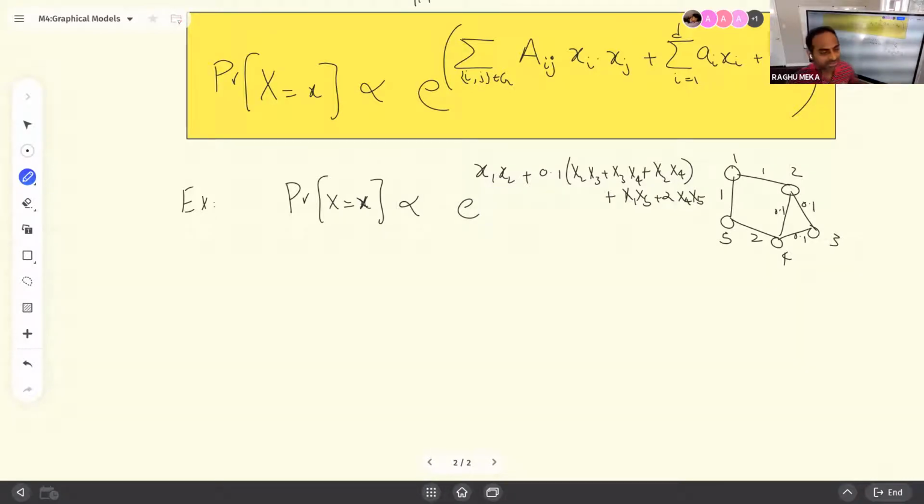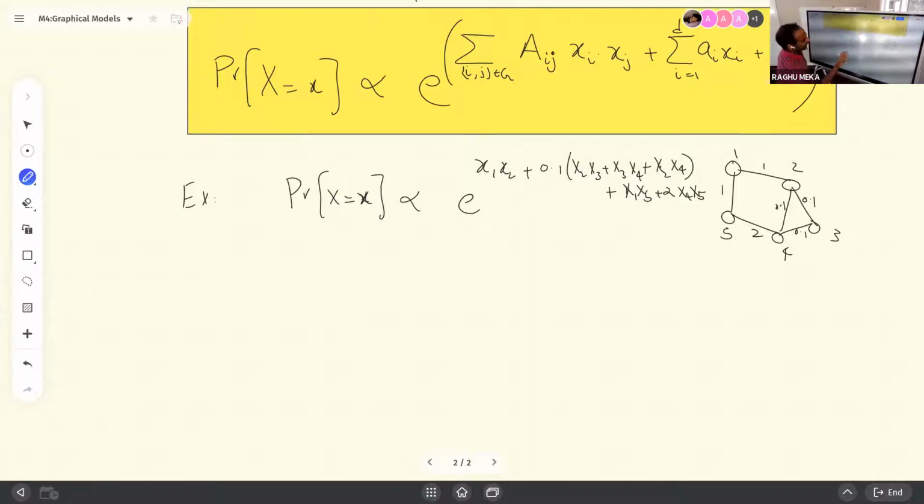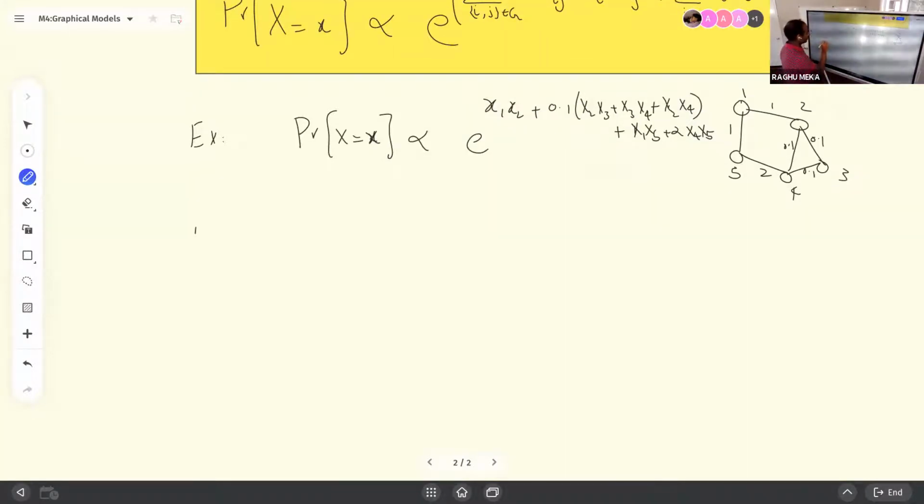All right. So now what are we saying? What is the computational problem that we are asking?